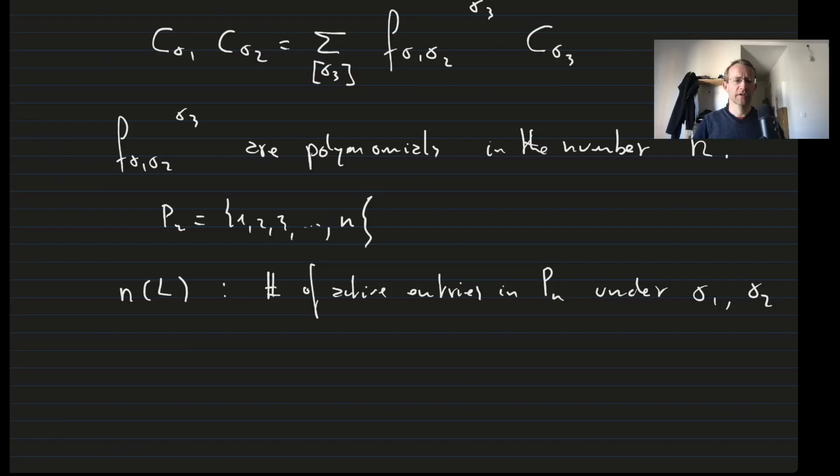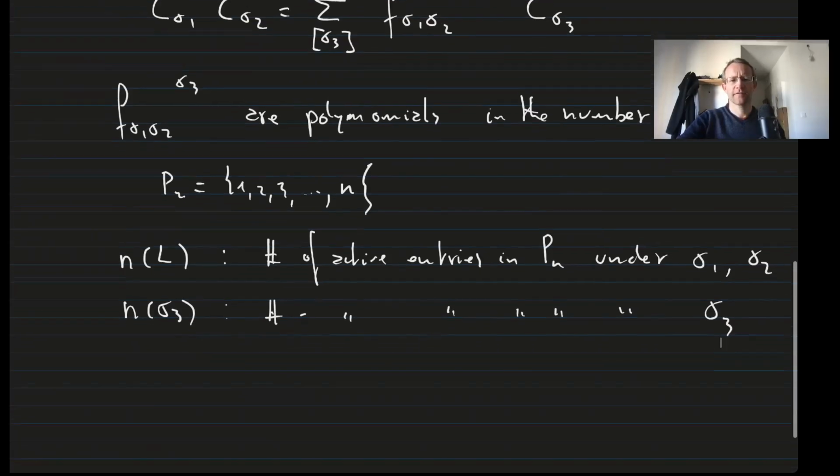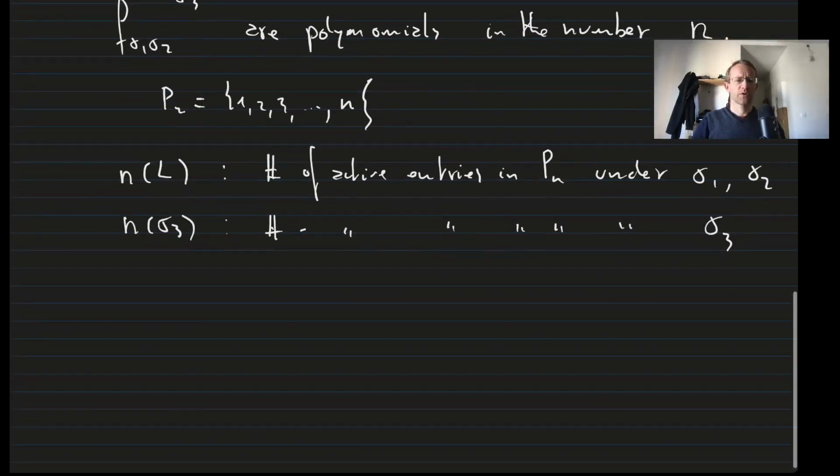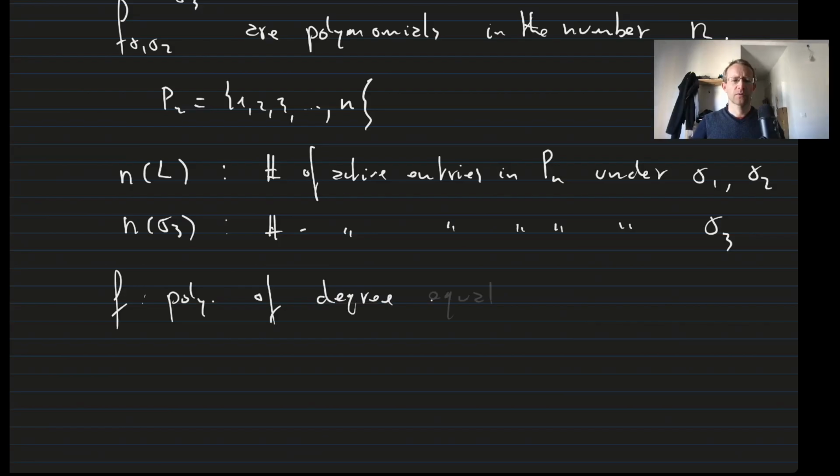Similarly, we can define the active colors under the permutation sigma 3. Now, the structure constants f are polynomials of degree equal to the number of active colors in the pair minus the number of active colors in the right-hand side permutation.